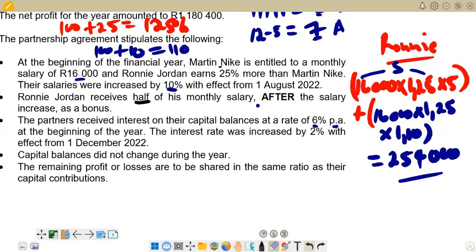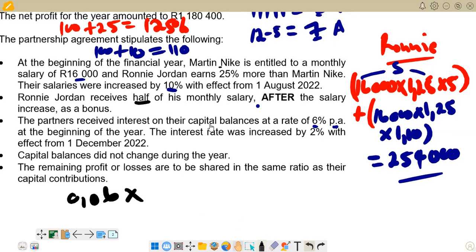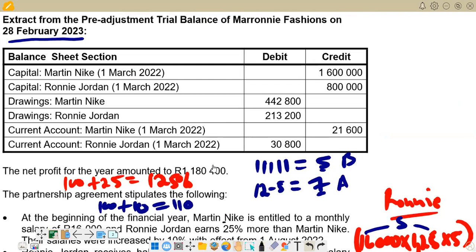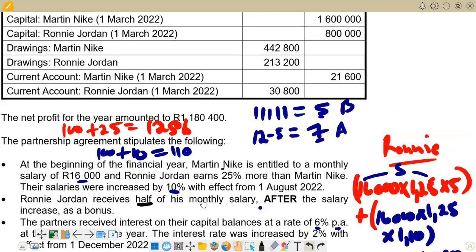So before the increment, again, we do the same. Before the increment, 0.06 is the rate, and then we multiply by the capital balance that we have for Ronnie Jordan. You see that the capital balance for Ronnie Jordan is here, which is 800,000. So you're going to use that one.